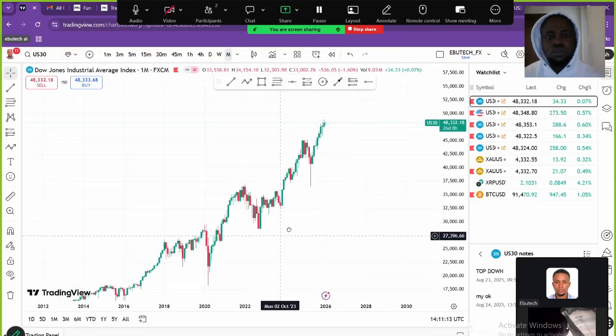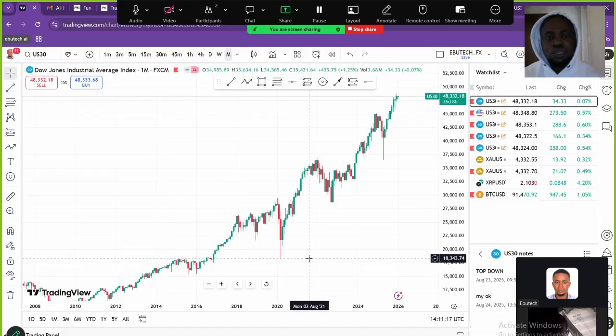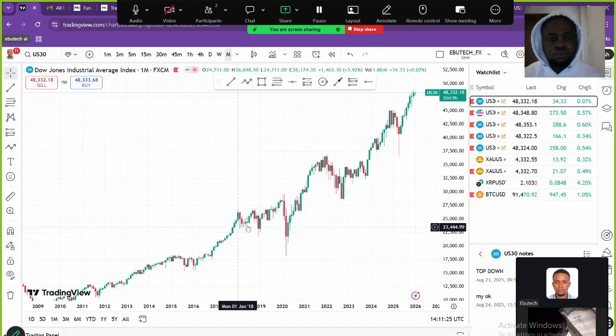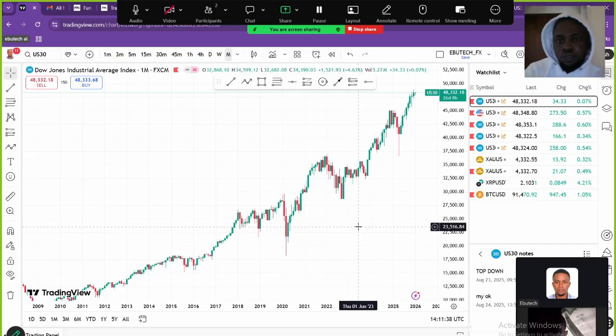So now looking at this chart, what is the trend of this US30 currently? Can you tell me the trend of this chart? The trend is uptrending.